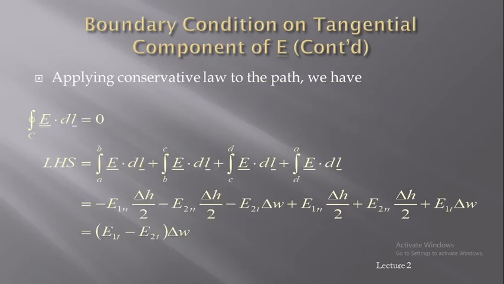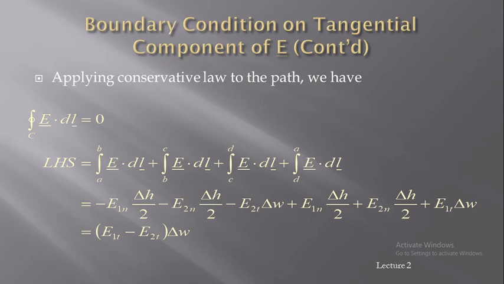Let us find out. Applying the conservative law to the path, we know the closed integral of E bar dot dl bar is equal to 0. So the LHS can be written as A to B E bar dot dl bar, plus B to C E bar dot dl bar, plus C to D E bar dot dl bar, plus D to A E bar dot dl bar.